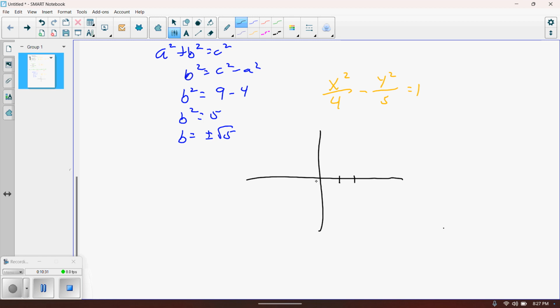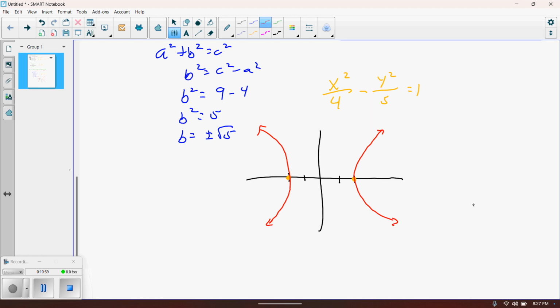And that makes sense, given the information that we were given in the original part of the problem, because it told us that one of the vertices was at negative 2, 0. So we have enough now to at least do a basic sketch. Again, I'm not worried so much about the asymptotes just yet. And this technically goes on forever in both directions.